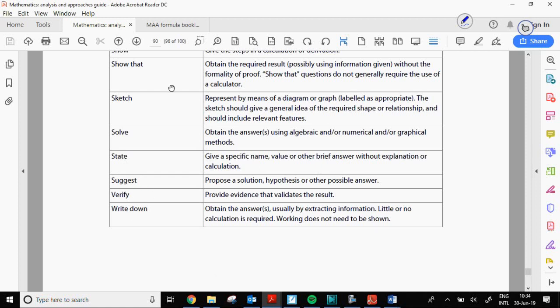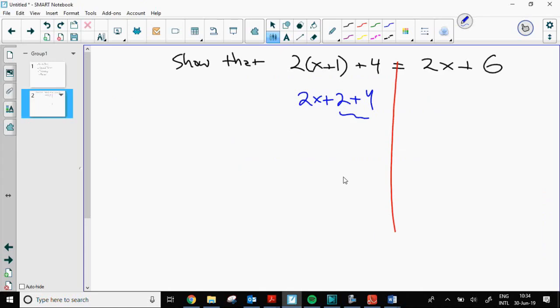Oh, and verify. Should have mentioned verify when it came to the show that, because this is the other side of that. Verify is what we did here when I divided by 2. That's verifying the fact that they are. It's not showing that they are. Let me show you another example for that.